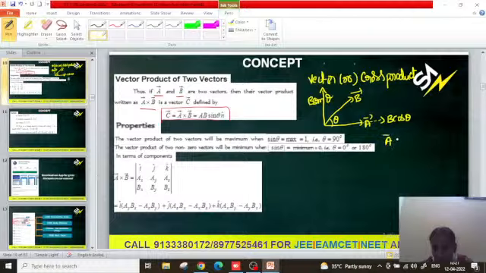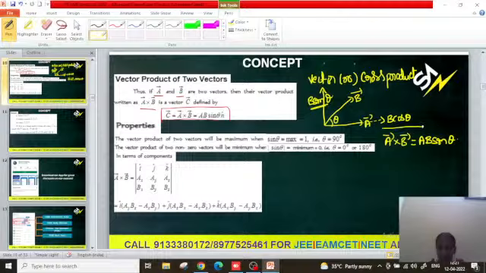Now A bar cross B bar, the vector product of these two vectors, is the product of the magnitude of vector A and the component of vector B which is perpendicular to vector A. Now B sin theta is perpendicular to A, so we can write AB sin theta, because when two vectors are perpendicular to each other, the cross product will be maximum.